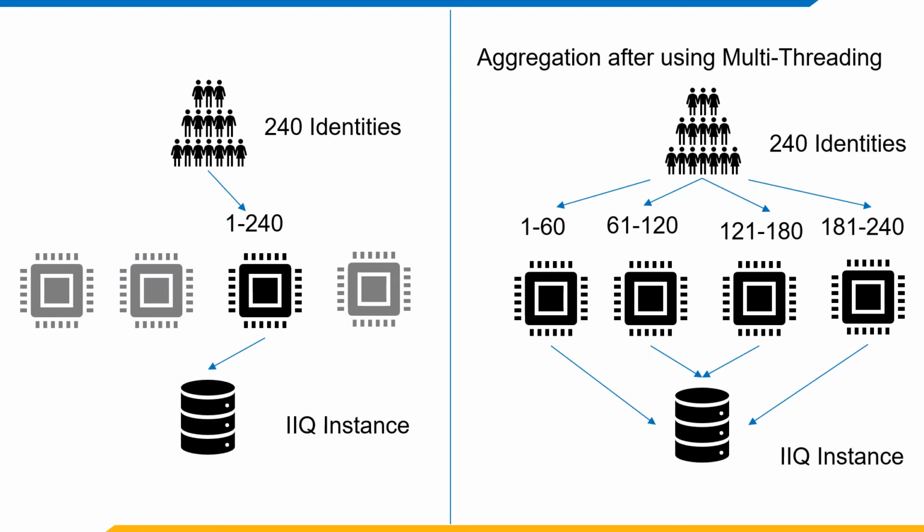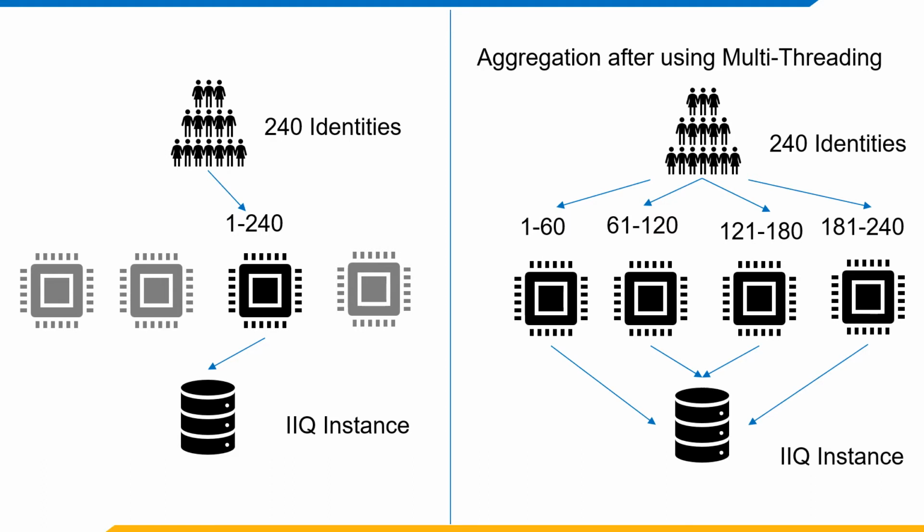Now let's try to understand the actual use of performing aggregation using multithreading. Generally, the processor requirement is based upon the number of identities that are present. Let's say we have 10,000 identities and 4 processors. If only a single processor performs the aggregation for all the 10,000 identities, it might take 20 minutes, for example.